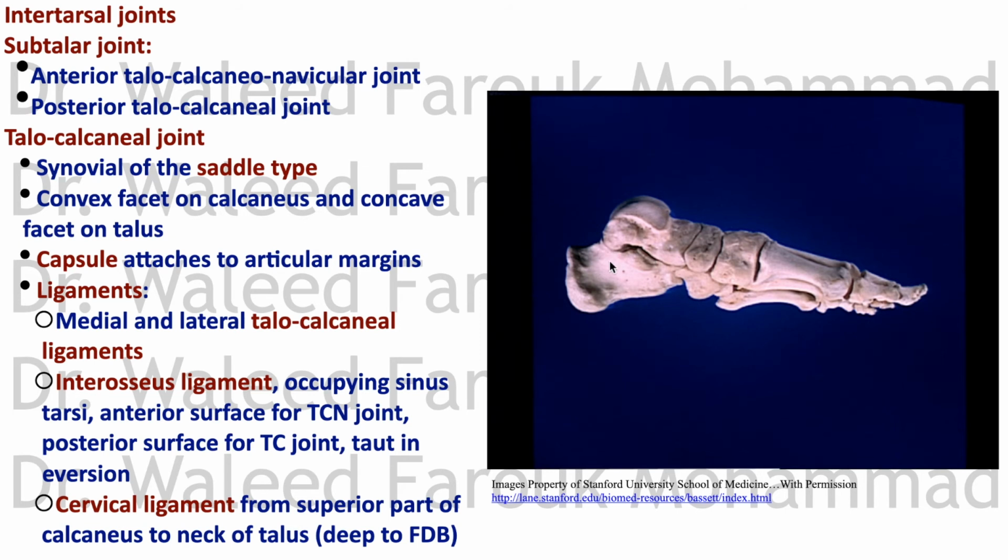It's taut in eversion. The cervical ligament is from the superior part of the calcaneus to the neck of the talus.